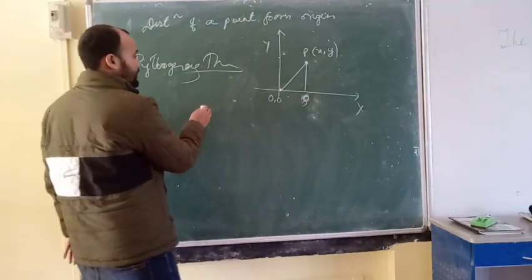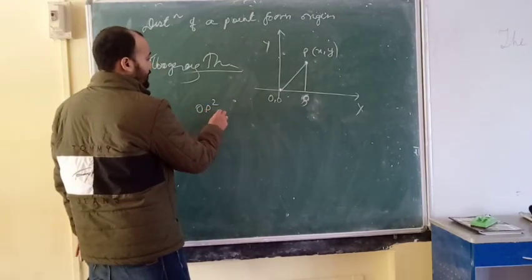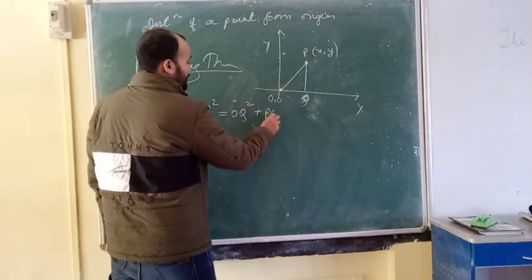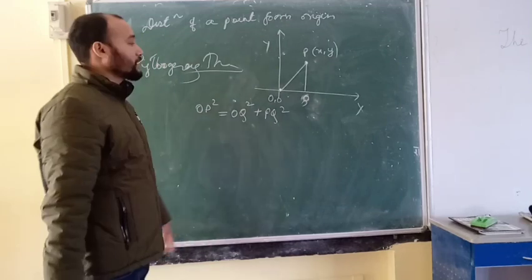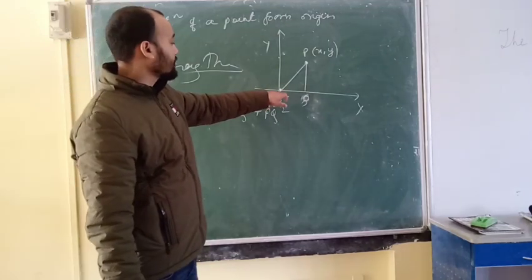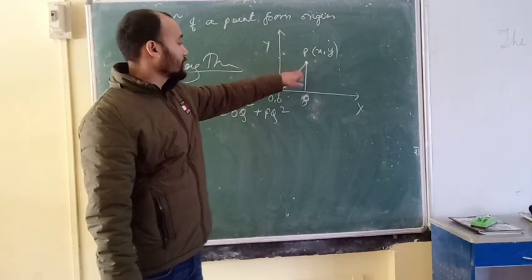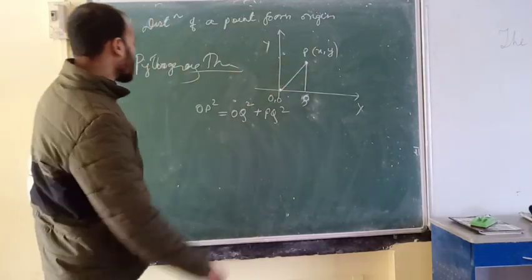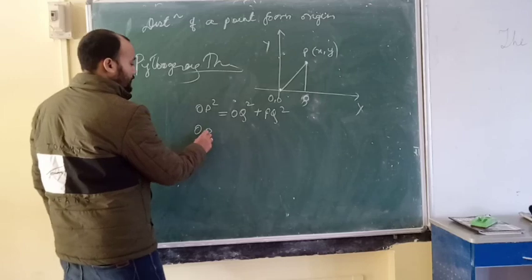What is the Pythagoras theorem? OP square equal to OQ square plus PQ square. What we need is the distance between O and P, that is OP. We need the measurement of OP. So OP square is this.